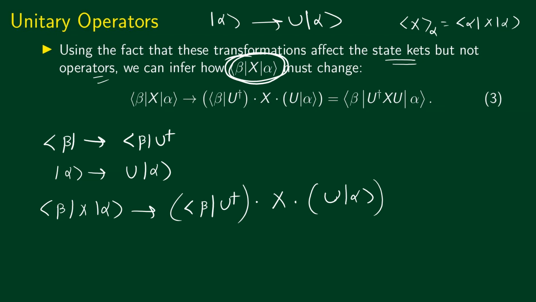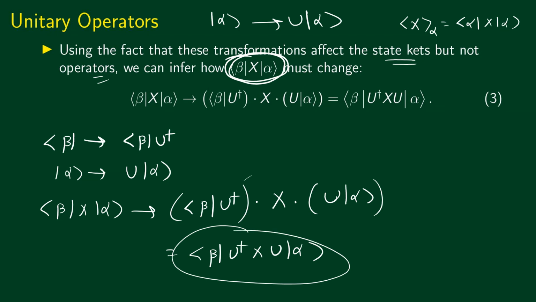Now we have talked about the associative property. Since these multiplications are legal multiplications, we can get rid of these brackets and these dots, and we can write this as bra beta U dagger X U ket alpha.